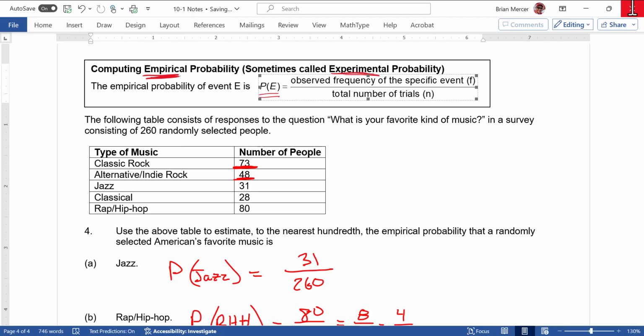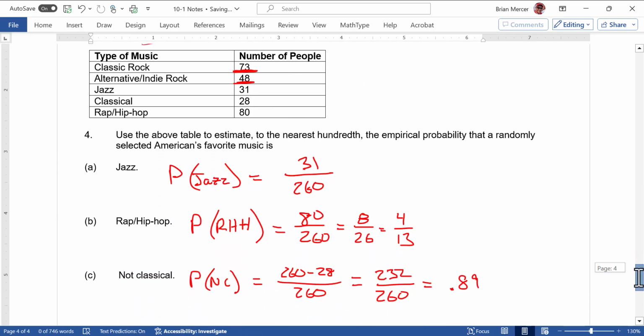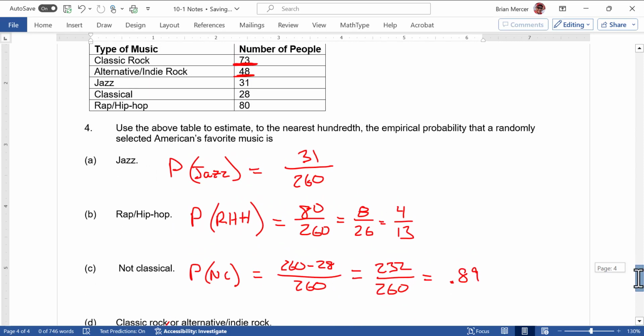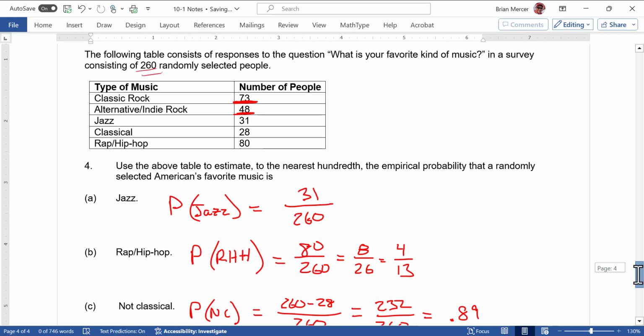So in this case, we have 260 randomly selected people who were asked what's your favorite kind of music, and here are their results. Just some quick examples. What's the probability that a person selected says their favorite music is jazz?